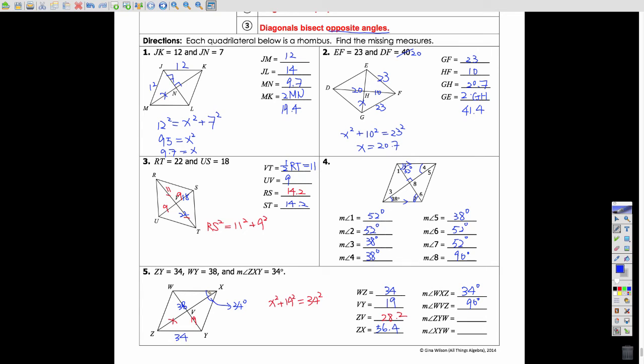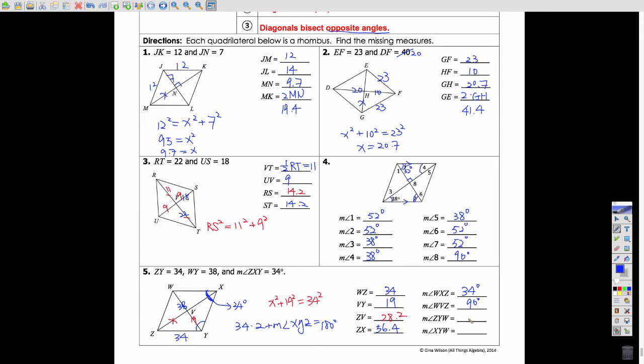So if I add these two angles together, 34 times 2 should be whatever this angle is. If I call this angle, well, just use the letters, angle measure XYZ. I add these two angles together, I should have 180 degrees because they are consecutive angles.